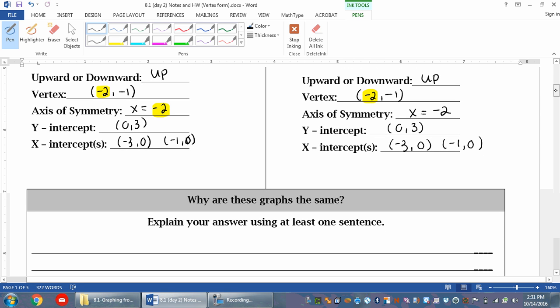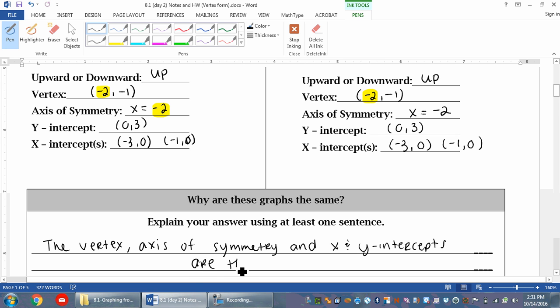They have everything exactly the same: vertex, and x and y intercepts are the same.